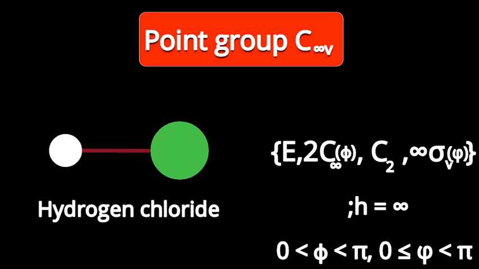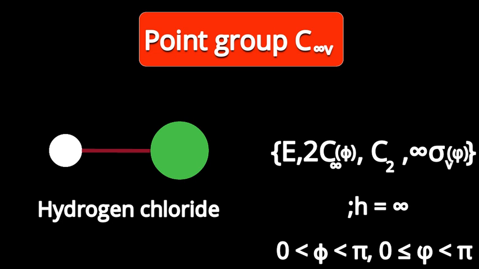Here is an example of the hydrogen chloride molecule. By white color the hydrogen atom is represented and by green the chlorine atom. Linear molecule, simple molecule.